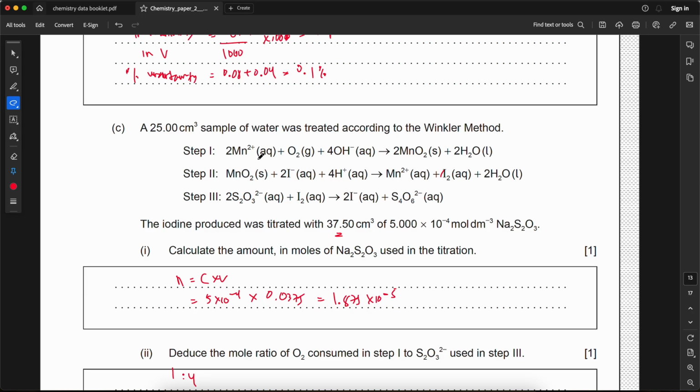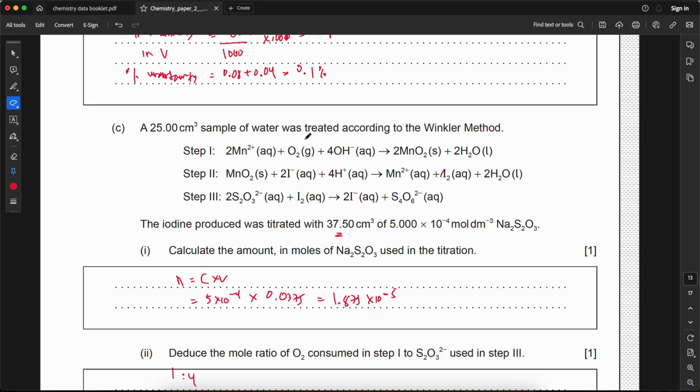In step 1, each mole of oxygen produces 2 moles of manganese oxide that would react with iodide, and every mole of O2 in step 1 produces 1 mole of I2 that reacts with 2 moles of sodium thiosulfate.